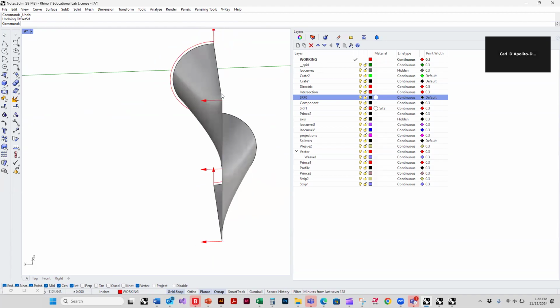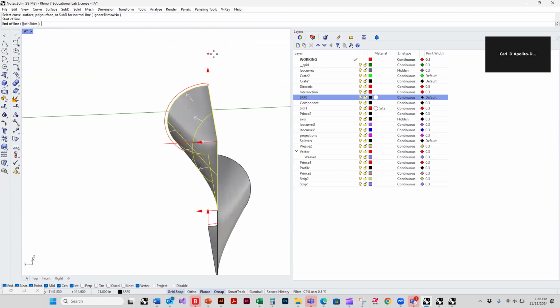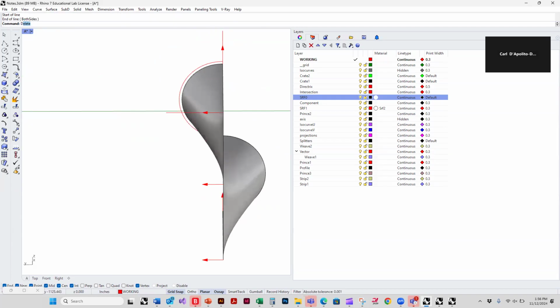So for example, here, I took the normals to this surface at each of its sides, like that. And then I offset a curve over here. So it's like this.